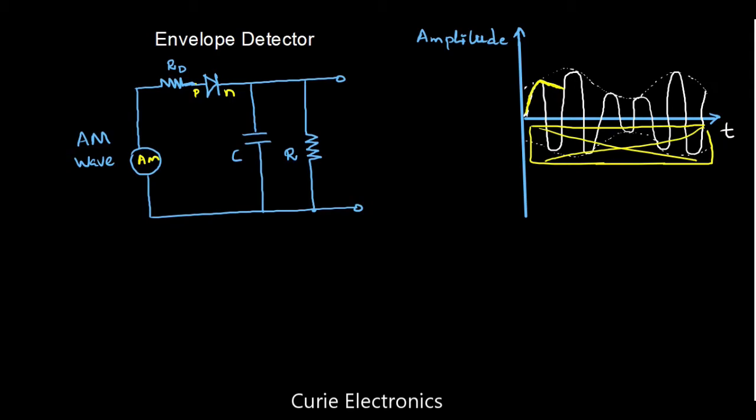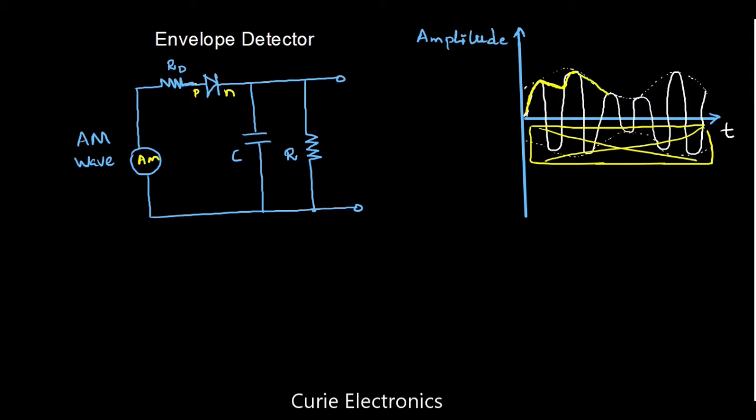So it won't conduct. Again the AM carrier voltage goes greater than the diode N region voltage, so it conducts again. Again it reaches the peak, and again it discharges.